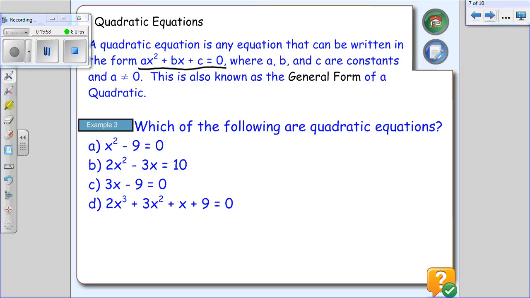If there's no x, just like there's no x in here, there's no middle term, that just means your b value is 0, which is allowed. And then what's your c value? -9. So yes, that is a quadratic equation.